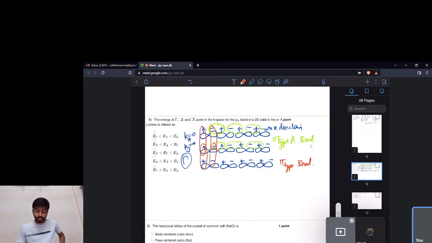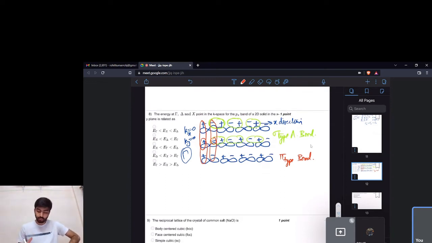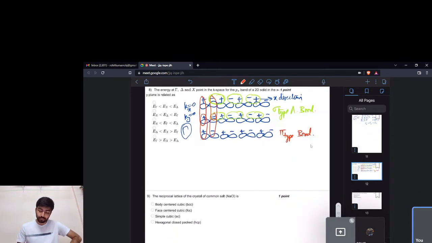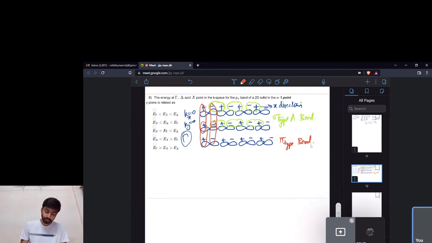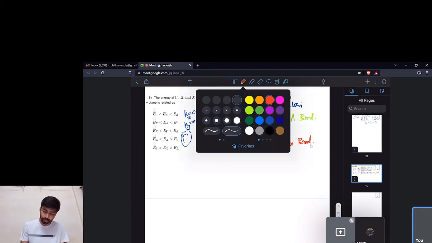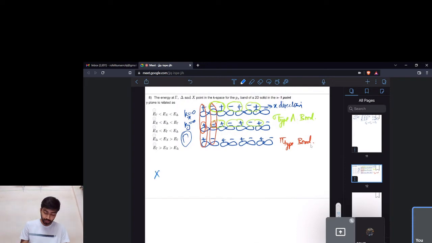So in the case of the px band at gamma point, we have sigma type anti-bonding and pi type bonding. Before commenting on other points, let us see what kind of energies they possess. Let's go to the x point.